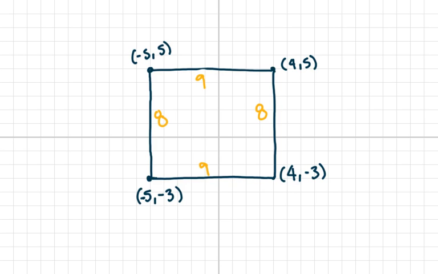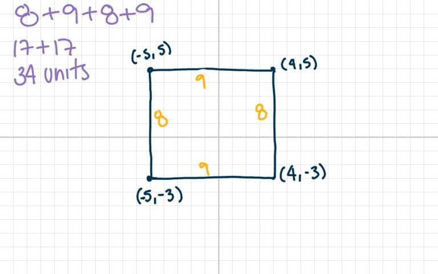So we're going to have 8 plus 9 plus 8 plus 9. When simplified, this becomes 17 plus 17 for a perimeter of 34 units.